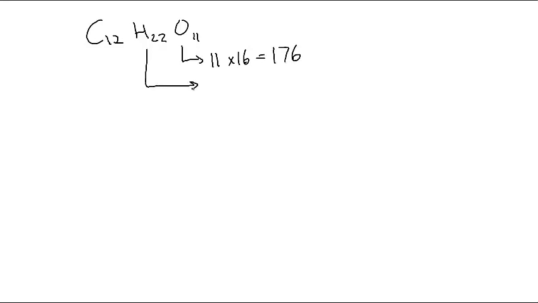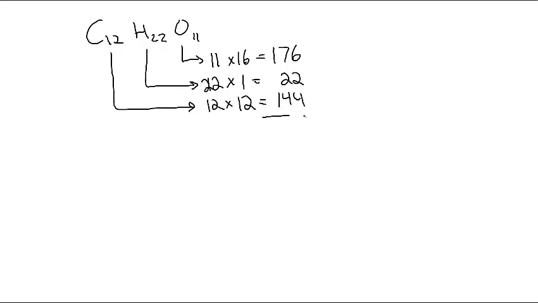I have 22 atoms of hydrogen. Each one of those is 1. So that's 22. And I have 12 atoms of carbon. Each one of those is 12 grams per mole. So that's 144. So I add this up, and I get 1 mole of this sugar is equal to 342 grams.